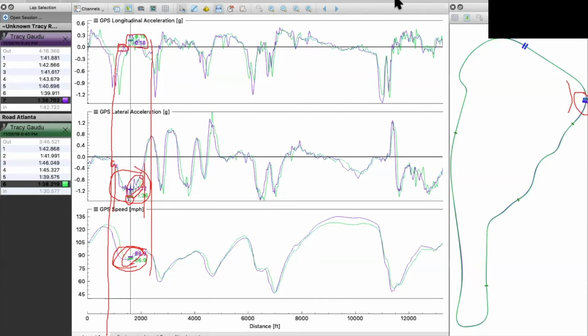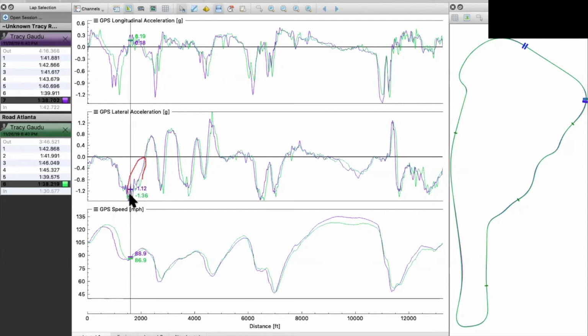This is the string steering wheel to the pedals technique, right? So as these lateral G's start to be less, look up here. We're trading that with, in this case, throttle. We could also say that as we come off the brakes right here, and when I say come off, starting to come off the brakes, this is headed up.